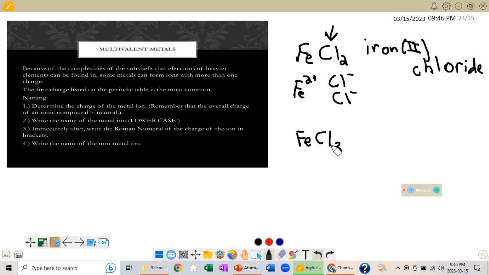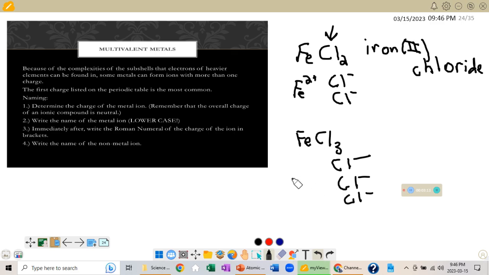All right, now let's look at the second one just to hopefully nail it down. The 3 means that there are 3 of these chloride ions. So now I have 3 minuses. I know the first one is really long for a minus, but we're just going to go with it. That means I need to have the same number of pluses. I only have 1 iron to get that way, so this is Fe 3+.